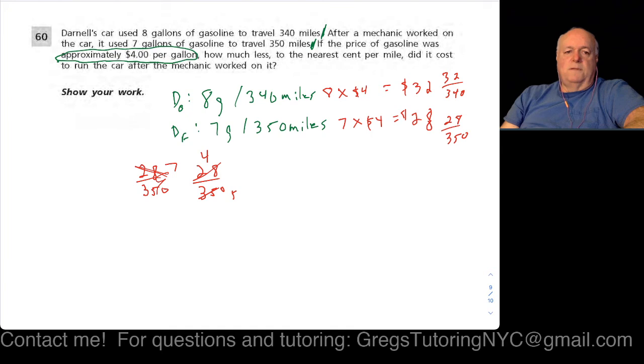So 4 over 50 is the same as 8 over 100. So this is 8 cents. Okay, straight up it is. Okay, we could have gone to the side, and we could have done 350 into 28 using the original numbers.